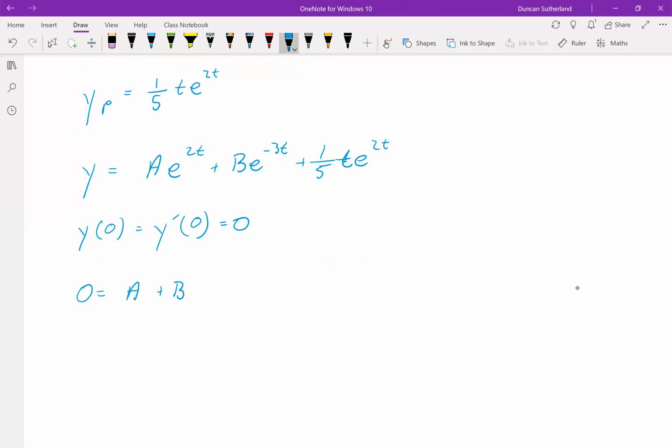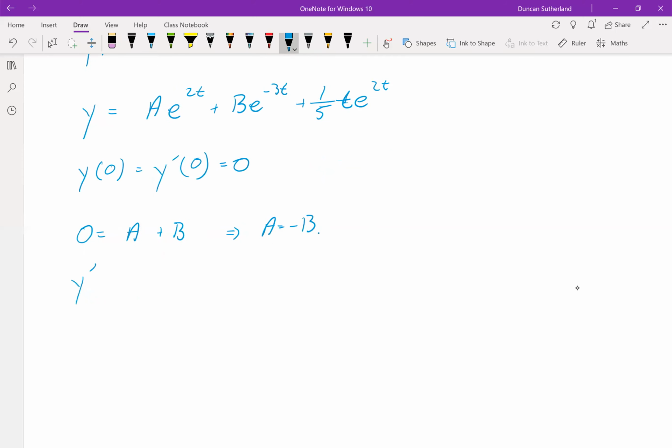So a plus b equals 0. That tells us that a equals minus b. That's not a great deal of help to us right now, but it's a relation that we'll have to satisfy later. Now we need y prime of 0. So we're going to have to differentiate this.